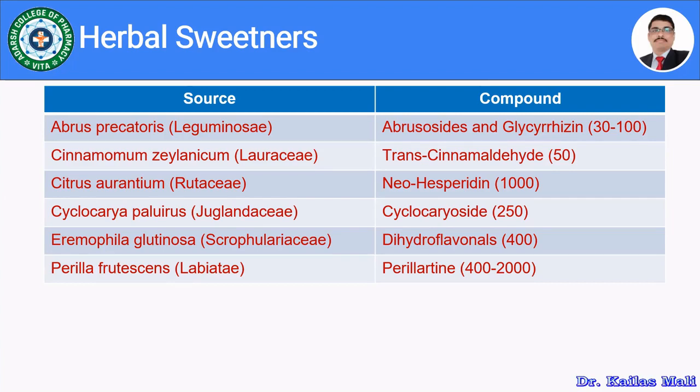And the last one is Perilla frutescens, belonging to family Lamiaceae, which comprises perillartine, approximately 400 to 2,000 times sweeter than sucrose.